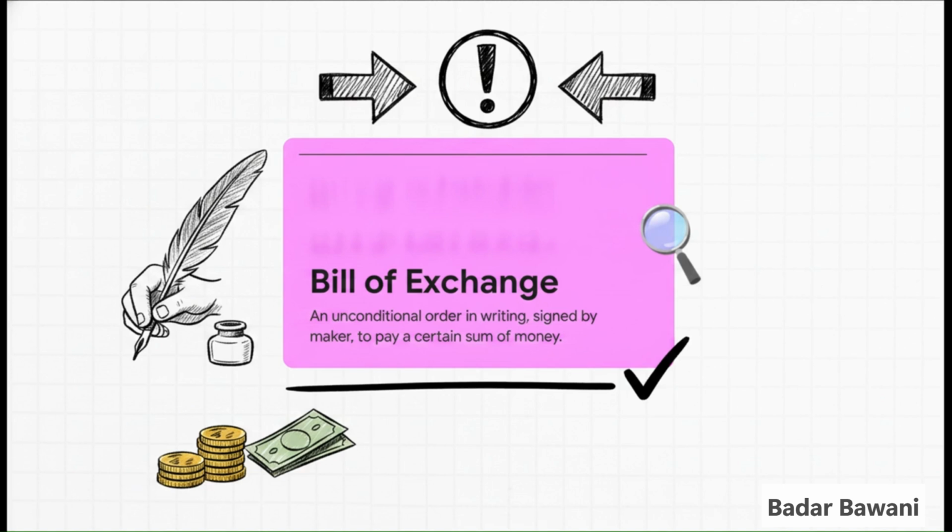The absolutely crucial point to remember is this: it must be an unconditional order. It's in writing, it's properly stamped, dated, and signed by the maker, but I really want you to notice that word order. This isn't a polite request. It is a direct command to pay a certain sum of money to a specific person or to the bearer of the instrument. Seriously, no ifs, ands, or buts allowed.